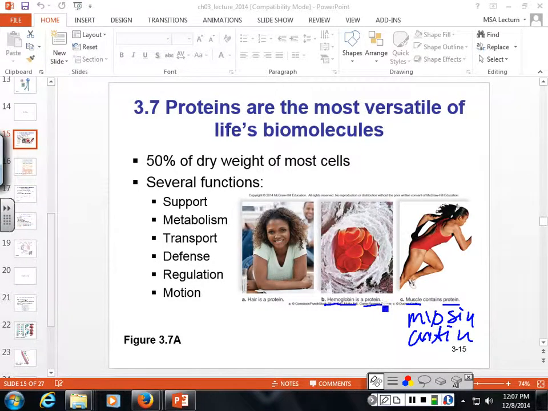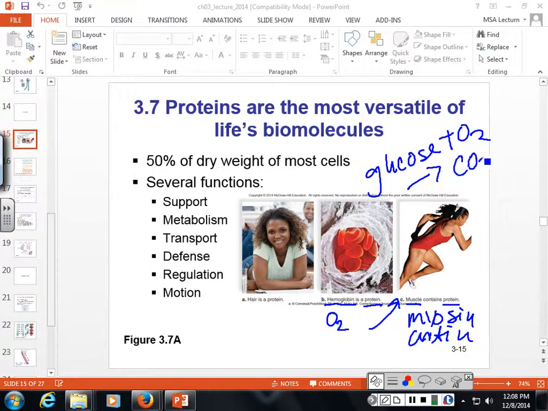Hemoglobin is a protein. Hemoglobin is what oxygen binds to. Hemoglobin allows you to breathe in oxygen and transport that oxygen all over your body because your muscles need oxygen. I'll put it in here because I think it's interesting. Most people don't. We're going to talk about it down the road. Glucose and oxygen turn into carbon dioxide, water, and energy, or ATP.